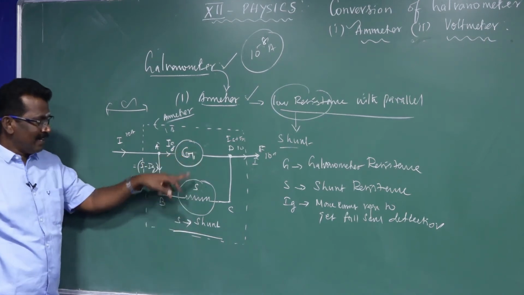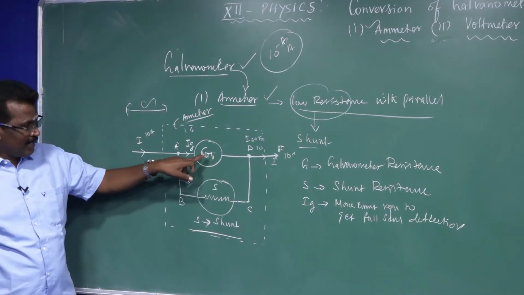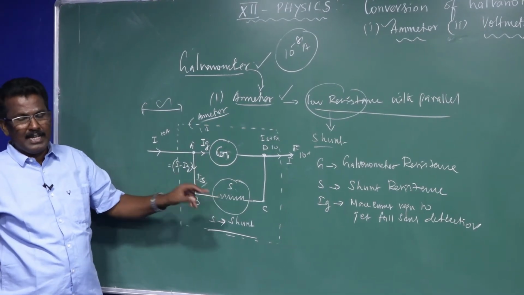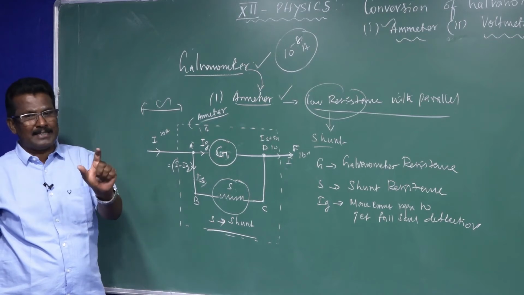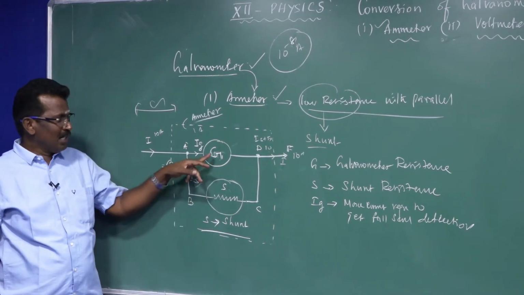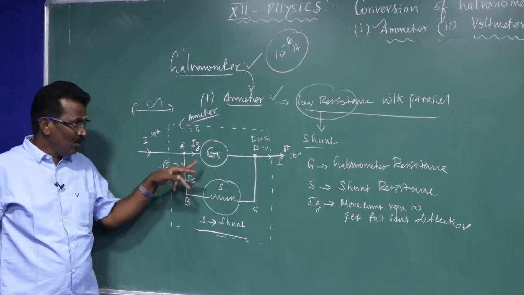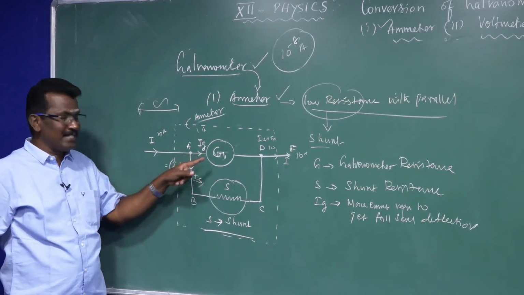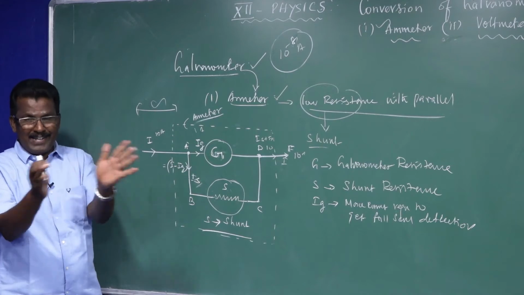Since the connection is parallel, with the galvanometer and the shunt, you have already studied in current electricity that for a parallel connection we can calculate the effective resistance. Also, the current flowing through each branch is not the same; in a parallel connection the current is divided.